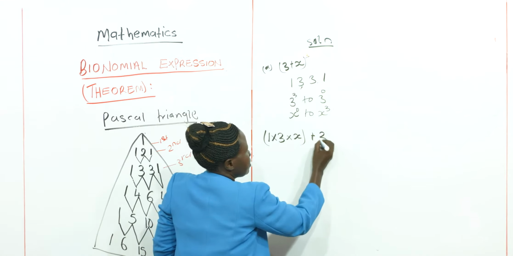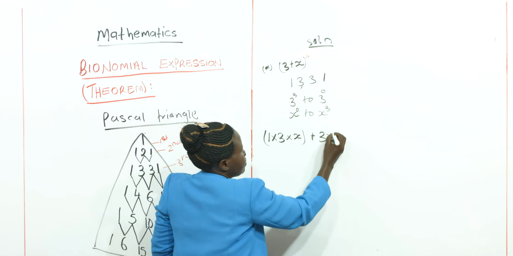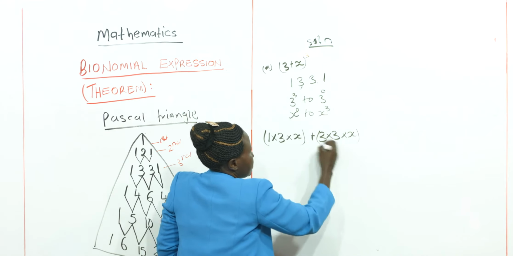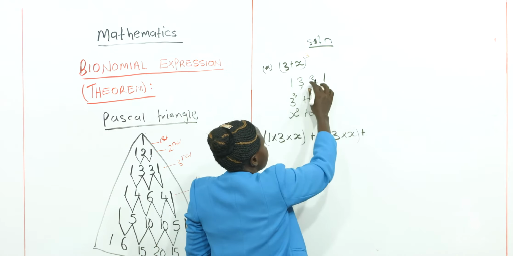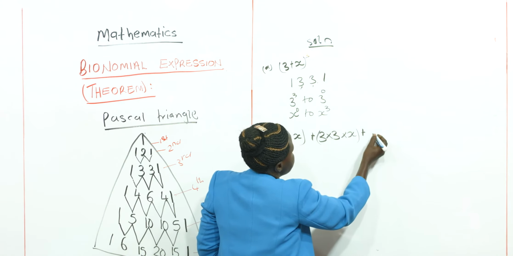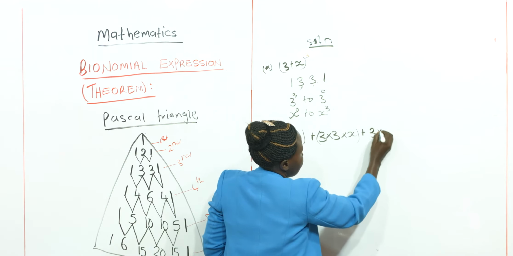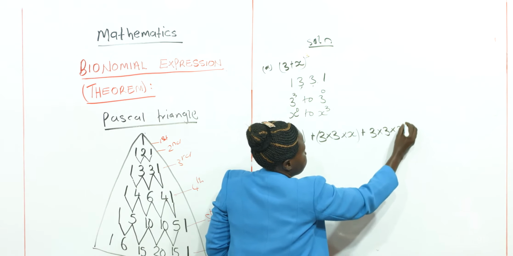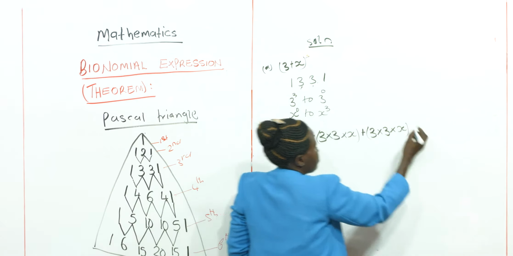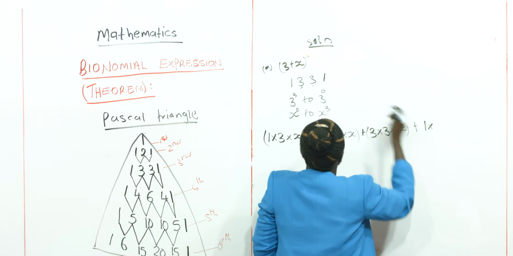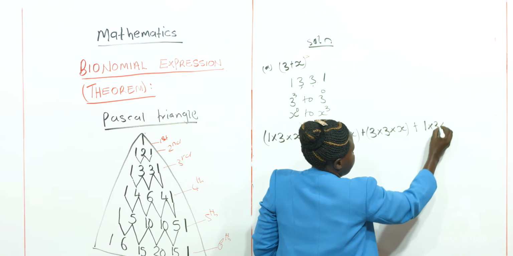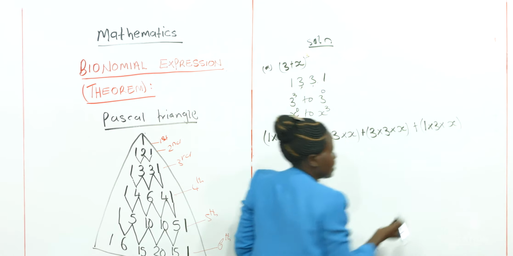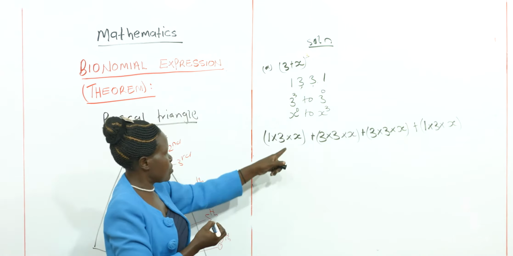So you will have 3 times the first term, which is 3, times the second term, which is x. And then you say plus. You move to the third digit, which is 3. You also multiply 3 times the first term times the second term. And then lastly we have 1, so you say 1 times the first term, and then times the second term, which is x.